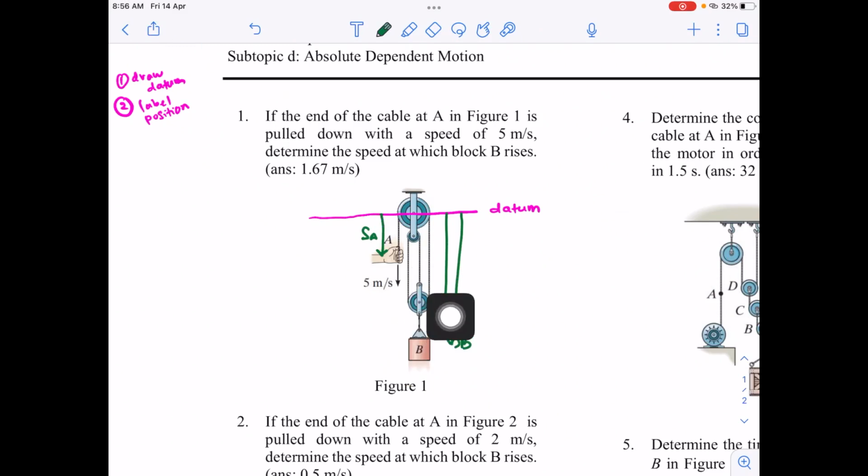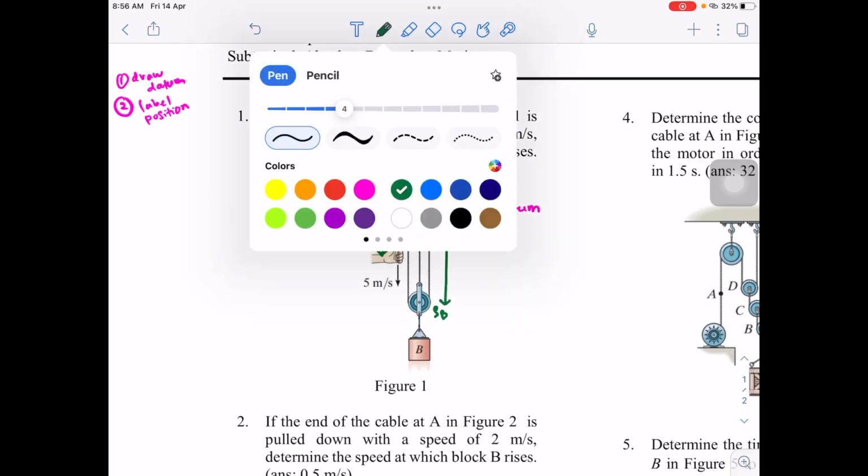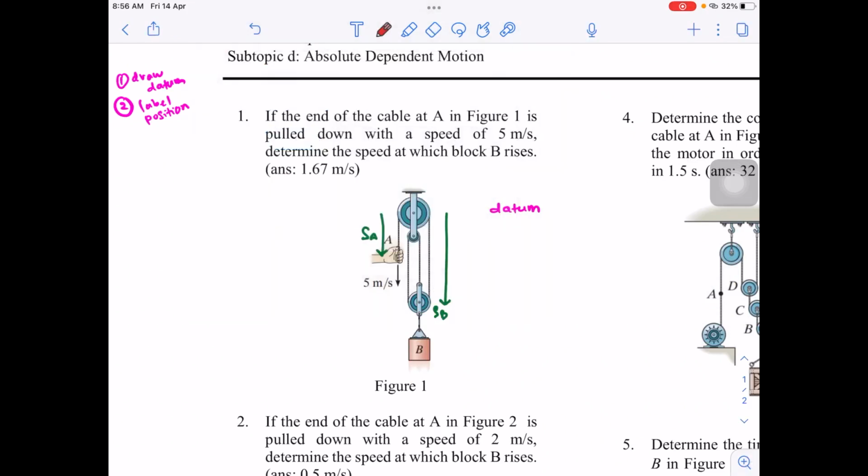So kalau yang pulley ni naik ke atas 1 meter, yang B juga akan naik atas 1 meter. Okay, kalau yang pulley B ni naik ke atas 1 meter per second, sama dengan B. So sama connection lah, same motion. So kita boleh pilih SB saja. So kita padam salah satu. So SB atau SA kita lukis dari datum line sehingga the pulley lah. Betul. Oh, okay. We draw from datum line to the pulley or loading lah, or load.